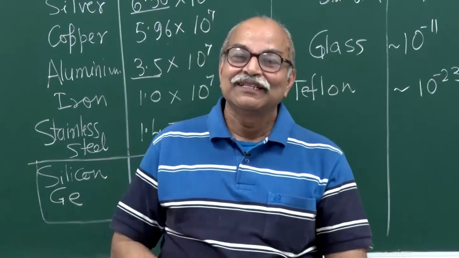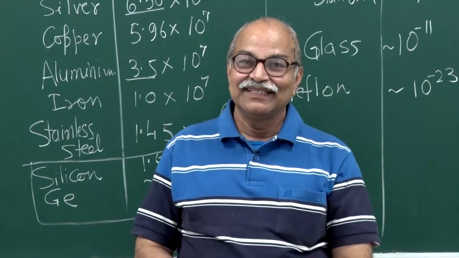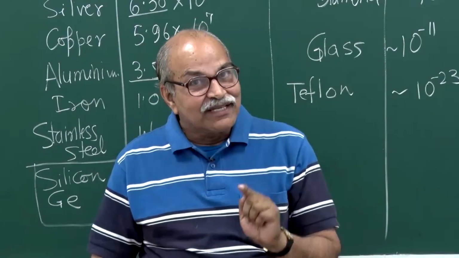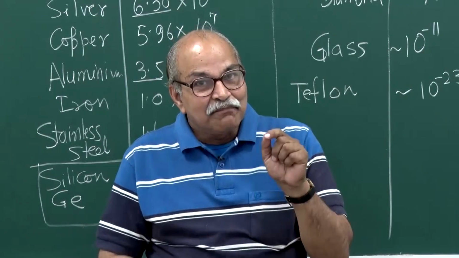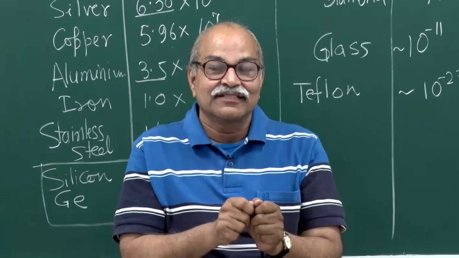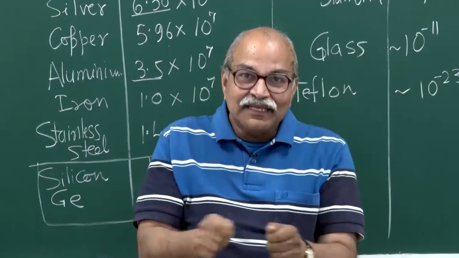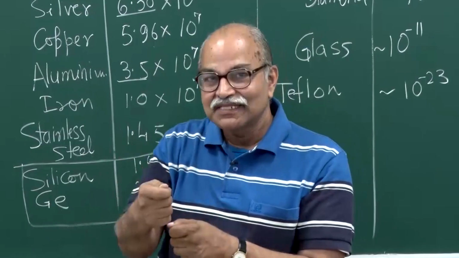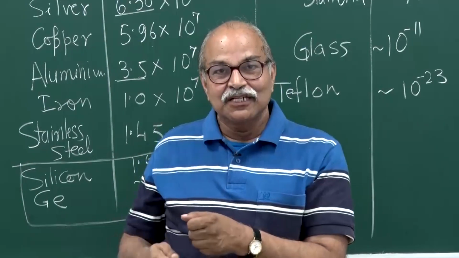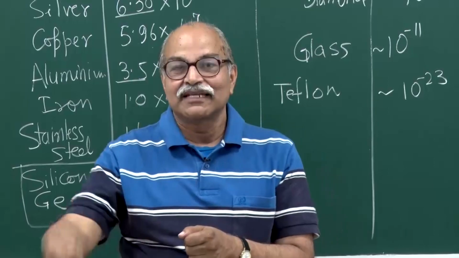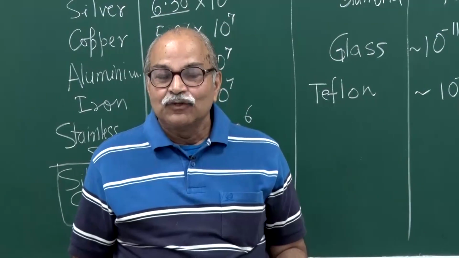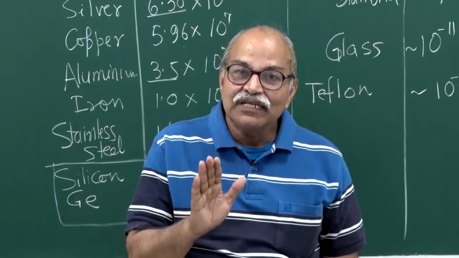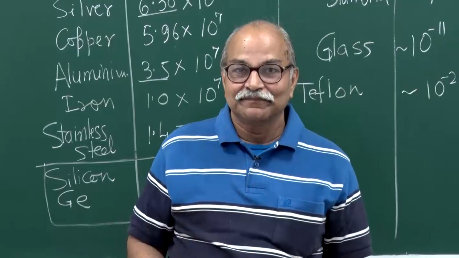That will be the main thing that I will be doing in this course. So what I am focusing on is the mechanism of electrical conduction. Once I know the mechanism, then I will be able to understand what is making conductivity of the order of 10 power 7 or 10 to the power 6 or 10 to the power minus 3 or 10 power minus 11. To understand that mechanism, I have to understand how electrons behave in a solid.